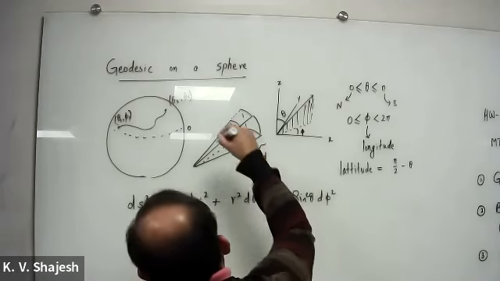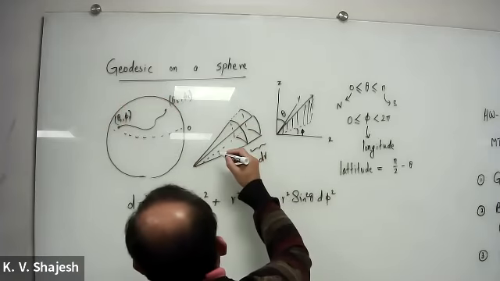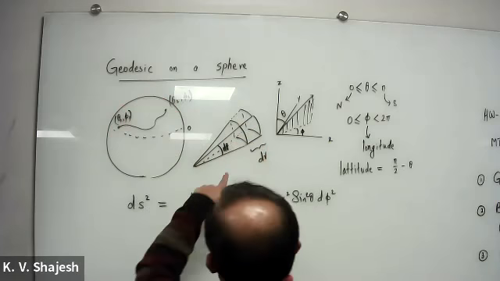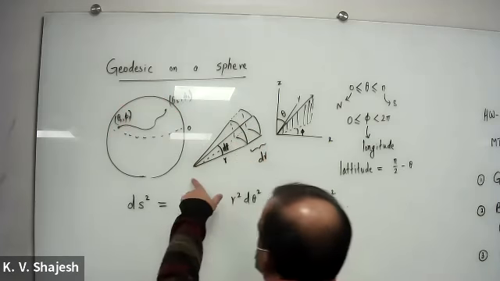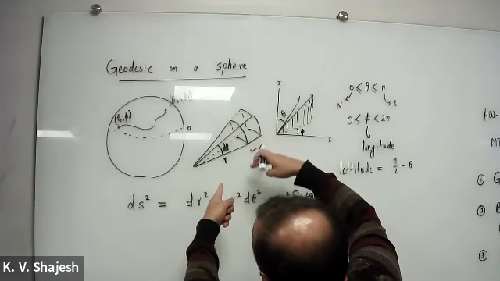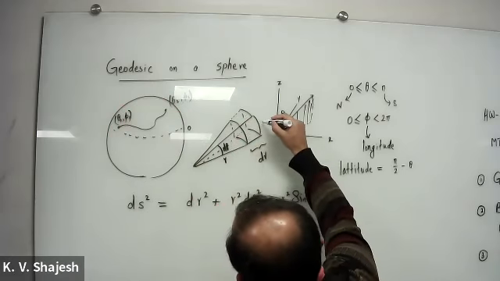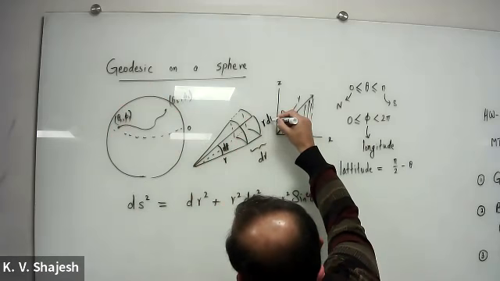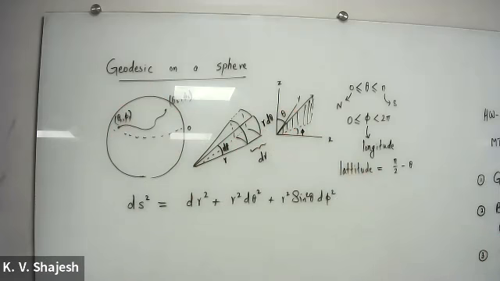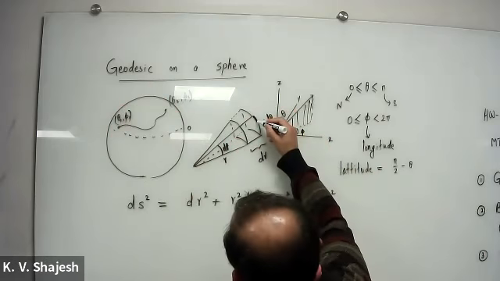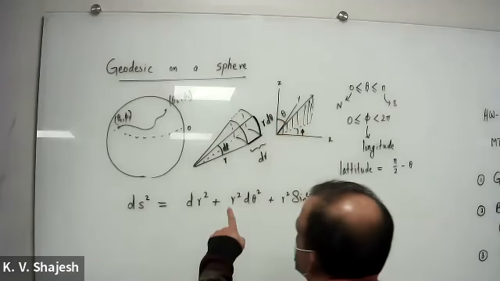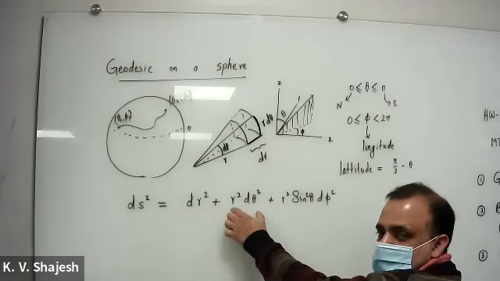This is the angle theta, the vertical direction, so that's angle d theta. But this is r, the radius of the sphere. If this is r and this is d theta, that's part of a circle, so that should be r d theta. This will be r plus dr, but we neglect the second-order term. So this length is r d theta, and this is dr.